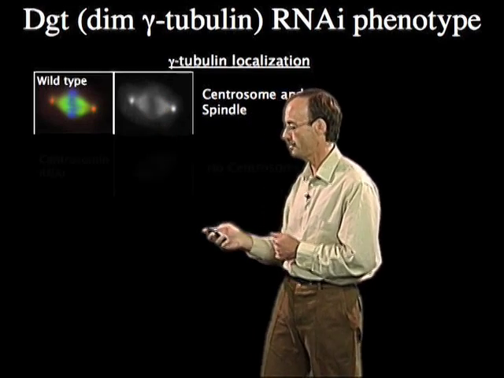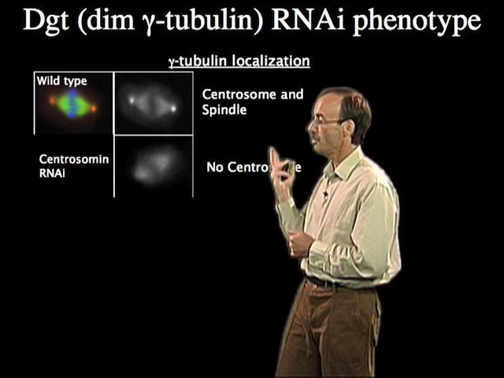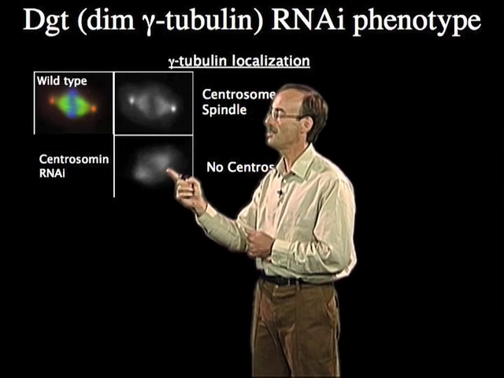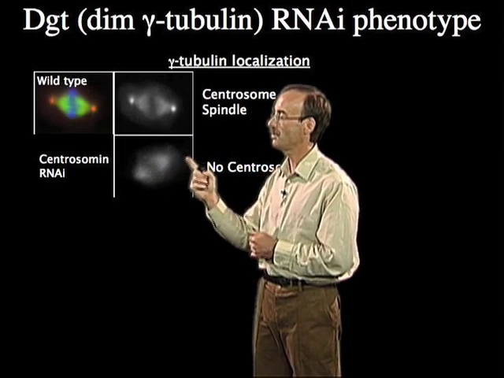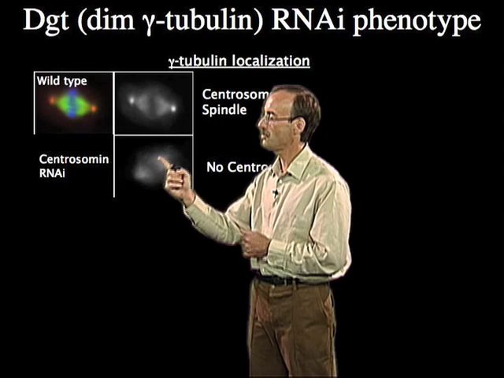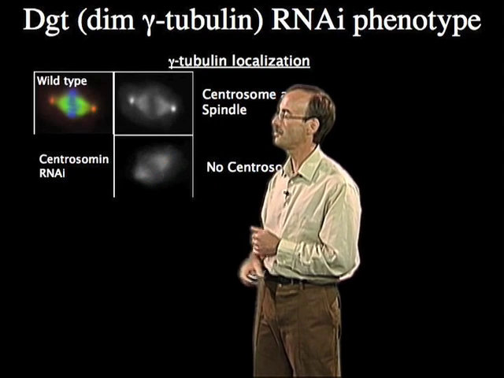Dimmer, but nonetheless still present. Well, from the screen, we found a known gene, centrosomin, that knocked out gamma-tubulin localization to the pole, but still preserved this gamma-tubulin localization to the body of the spindle.